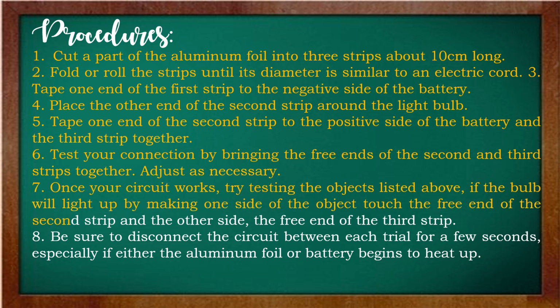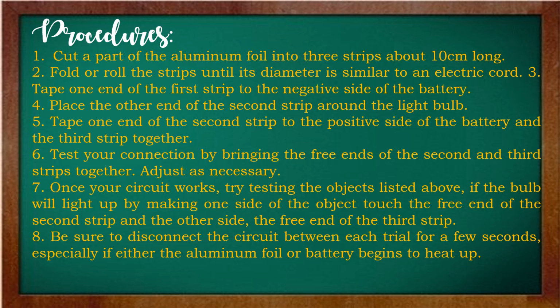Number 6, test your connection by bringing the free ends of the second and third strips together. Adjust as necessary. Number 7, once your circuit works, try testing the objects listed above. See if the bulb will light up by making one side of the object touch the free end of the second strip and the other side, the free end of the third strip.